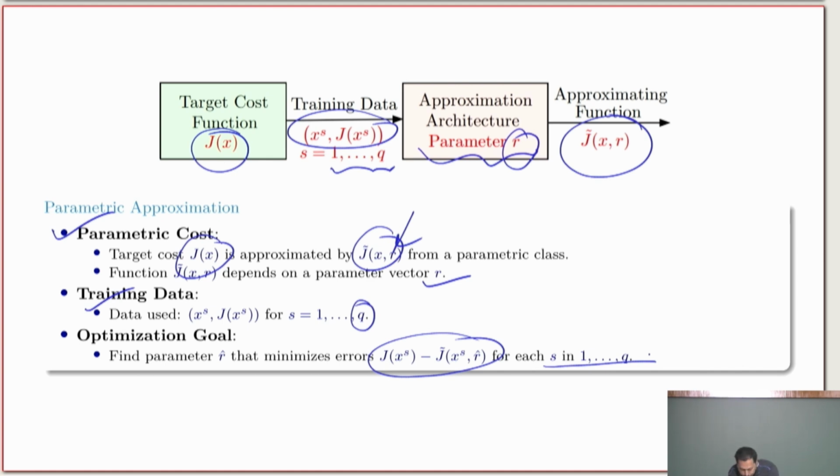Okay, so we can build this training data, and not just that, we fit a parametric function on this training data. And it may happen that you compute these costs in some other way.